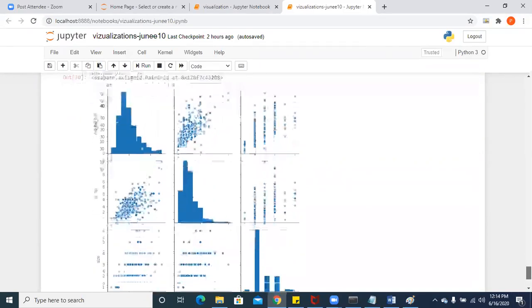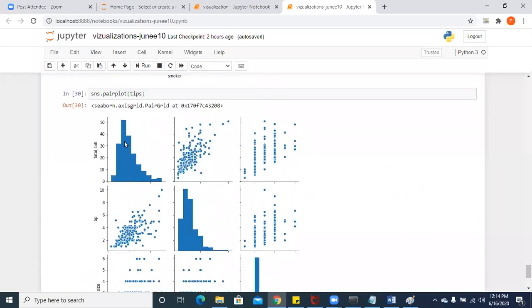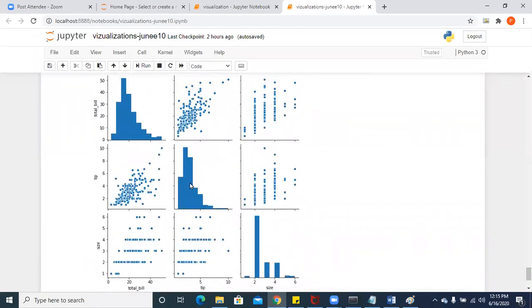Here on the x-axis, this plot is between size and the total bill. This plot is between tip and the total bill. This one is total bill versus tip, tip versus tip, size versus tip, total bill versus size, tip versus size, and size versus size. So you can see the relationships.